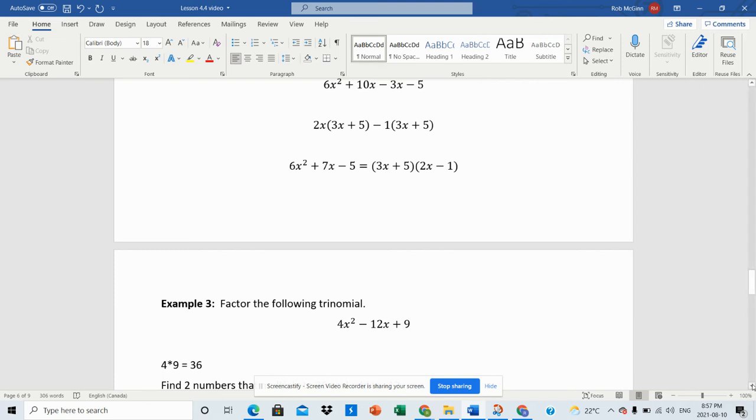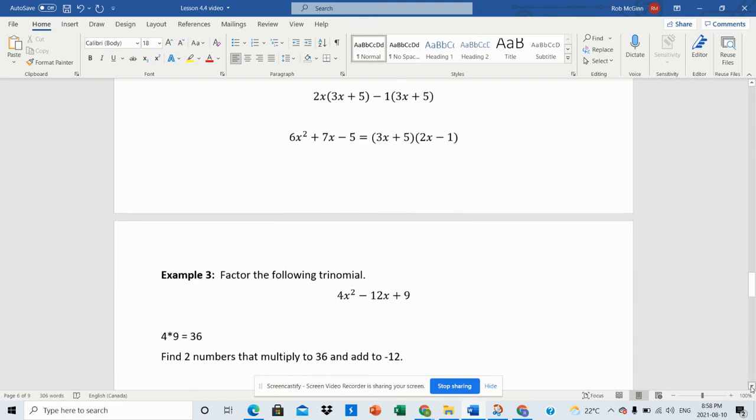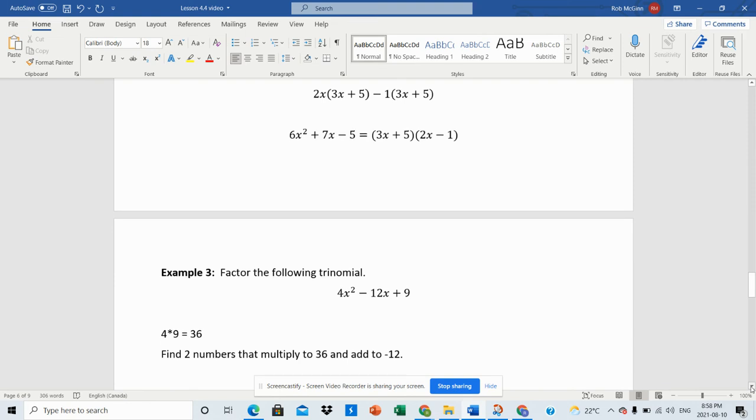I need to find two numbers that multiply to 36, but add to negative 12. I see C is positive, but B is negative. This tells me I'm going to have two negative numbers. All right, what's going to multiply to positive 36 but add to negative 12?